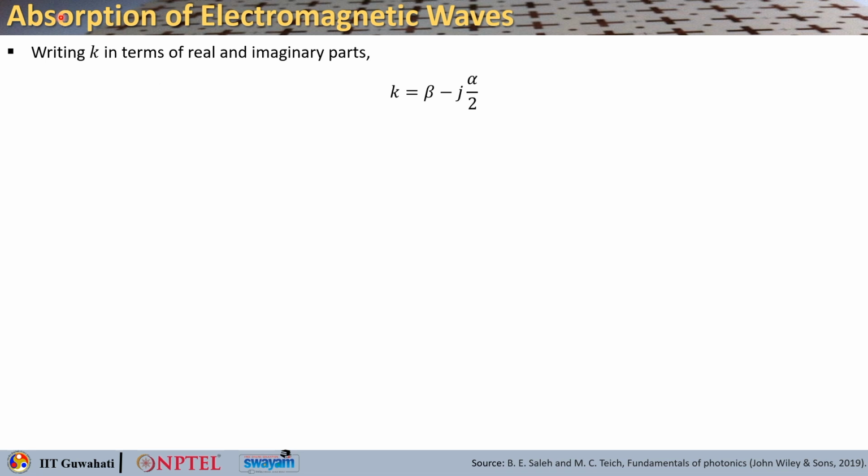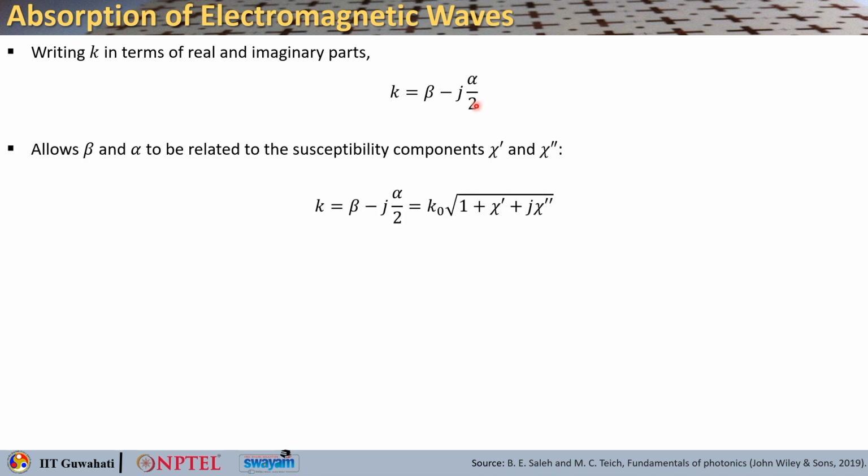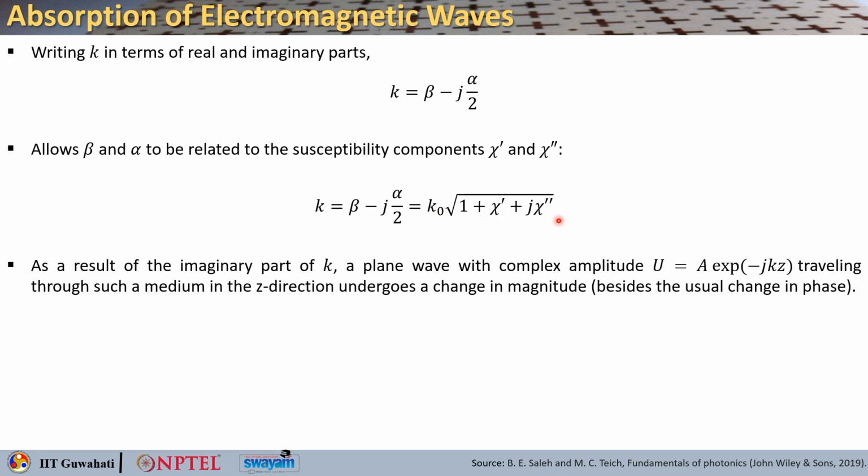You can write k as beta minus j alpha by 2, and if you allow beta and alpha to be related to the susceptibility components chi prime and chi double prime, you can write k equals beta minus j alpha by 2 equals k naught times the square root of 1 plus chi prime plus j chi double prime. Now, what you have to do here is equate the real part with the real part and the imaginary part with the imaginary part on both sides of the equation, and you can find out what each parameter stands for.